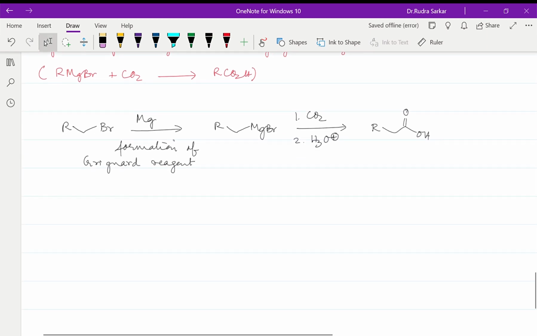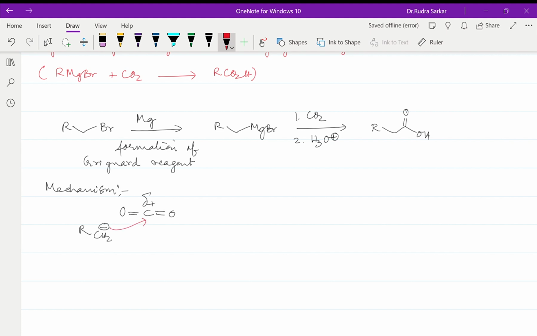So the mechanism part here is what? We have an RCH2 minus that is going to react with the electrophilic center of the carbon dioxide, undergoing a nucleophilic attack, which we call the nucleophilic addition.